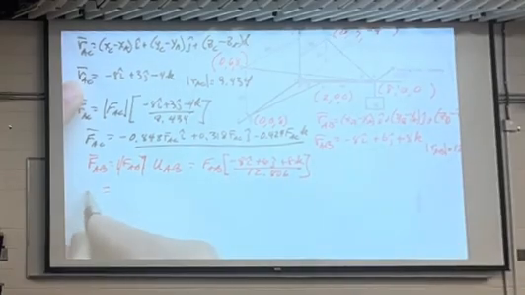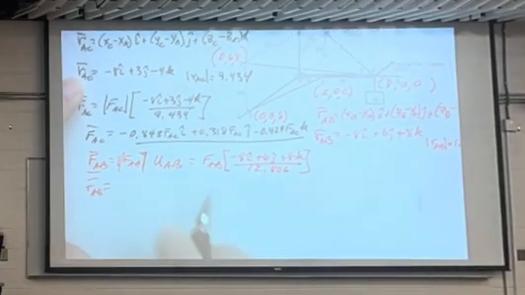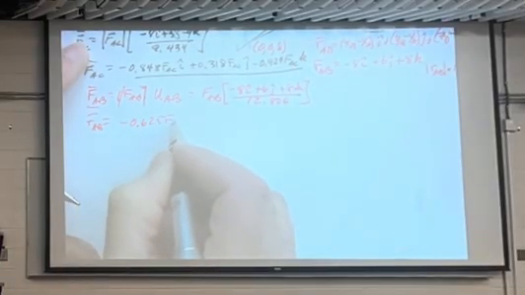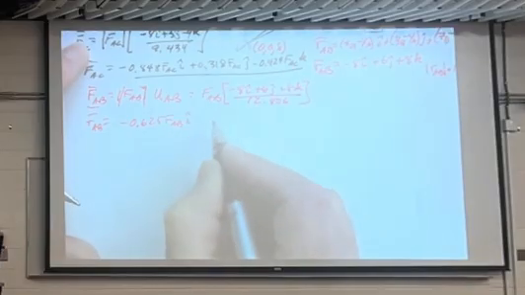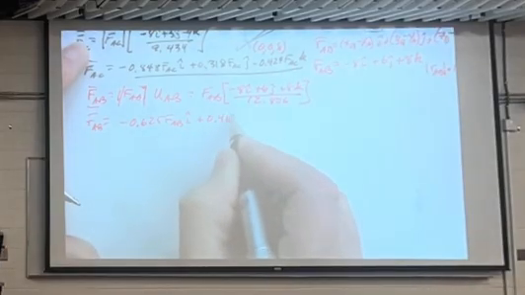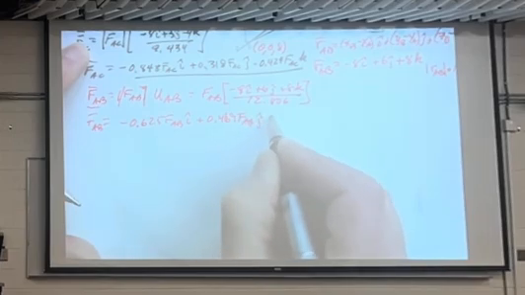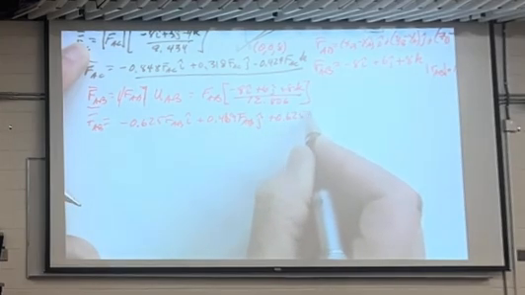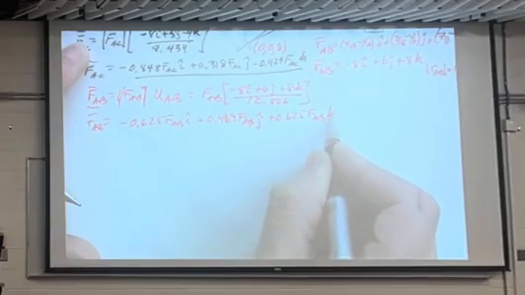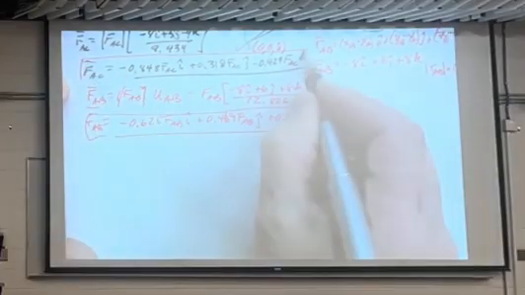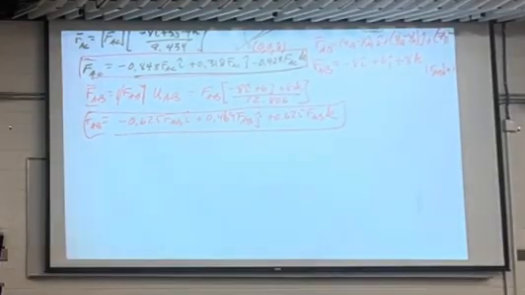That will give me FAB vector in terms of IJK: minus 0.625 FAB I plus 0.469 FAB J plus 0.625 FAB K. I now have the two forces in the cables in terms of IJK.